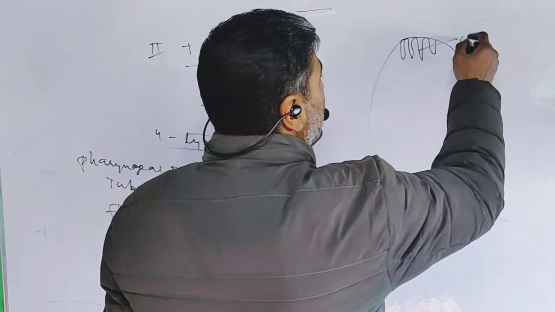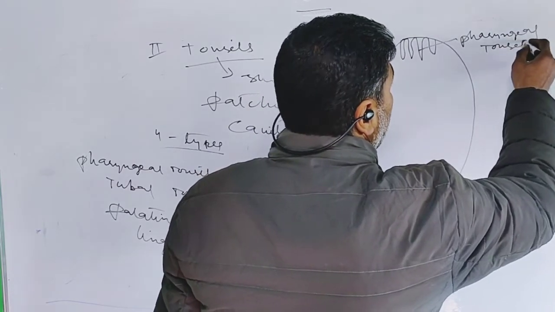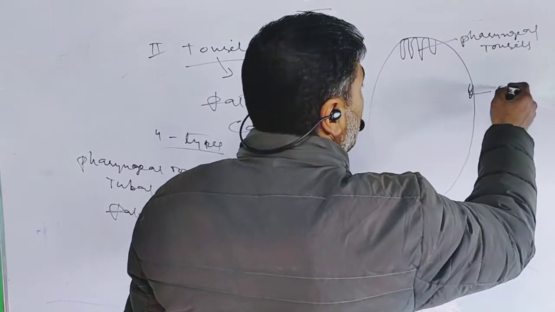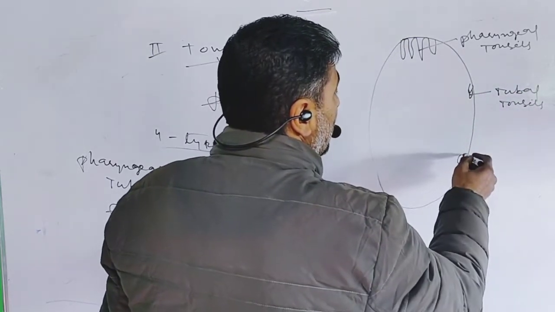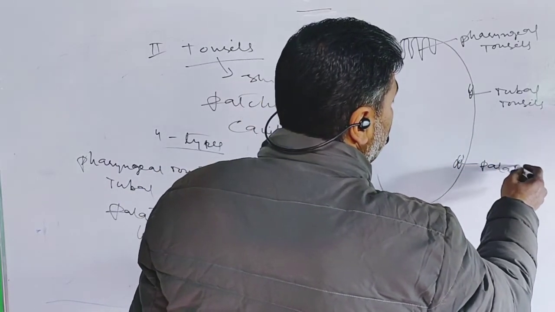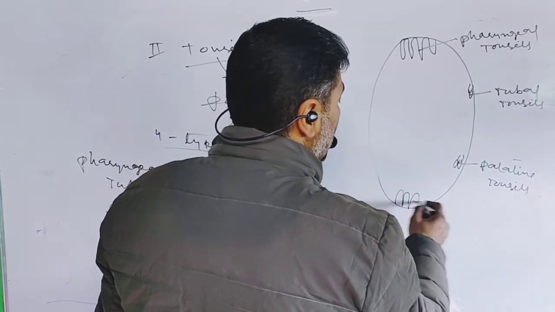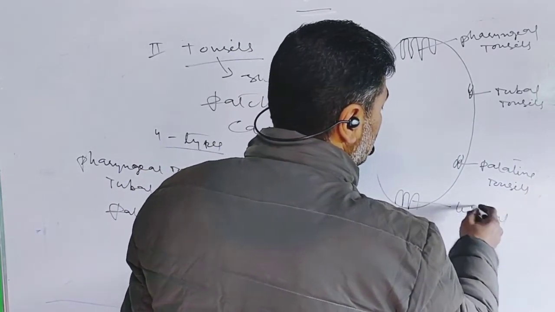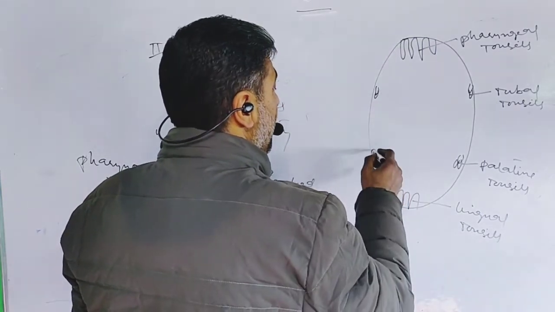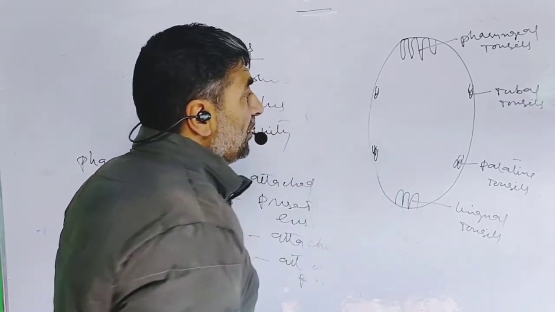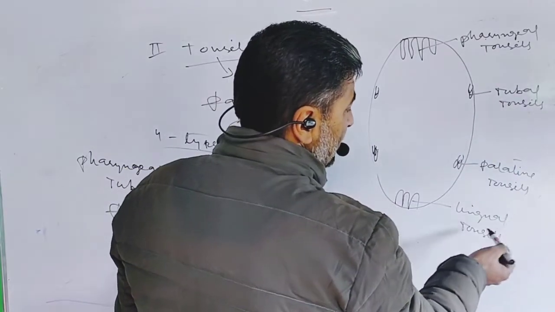Suppose these are pharyngeal tonsils, these are tubal tonsils, these are palatine tonsils, and these are lingual tonsils.